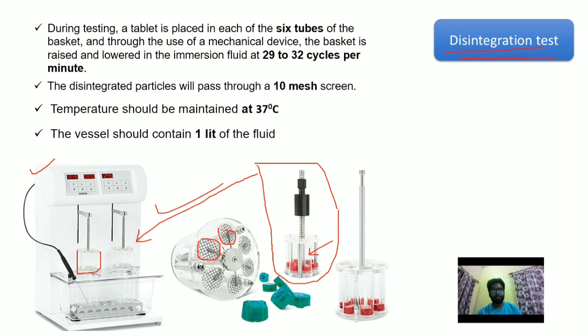During this testing, a tablet is placed in each of the 6 tubes. Total 6 tubes are there, and through the use of a mechanical device, the basket is raised and lowered in the immersion fluid at 29 to 32 cycles per minute.